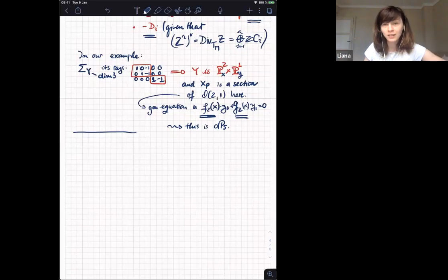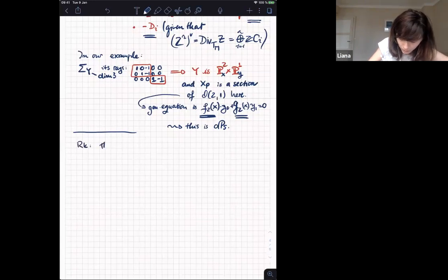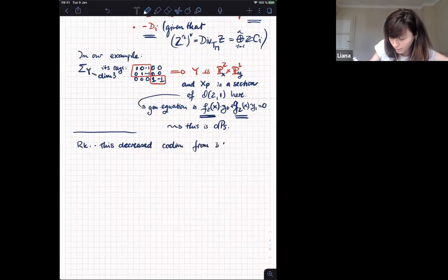So the anticanonical embedding of this would just embed it into P5, which is codimension 3 because it's a surface. So remark, even doing this for surfaces decreased codimension from 3 to 1.